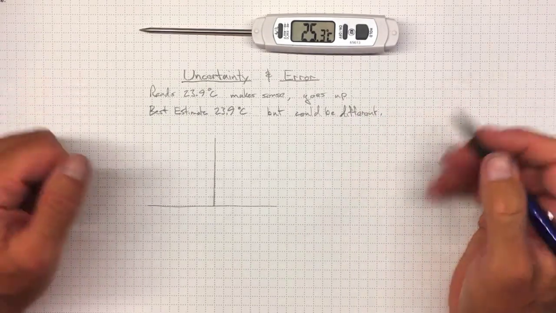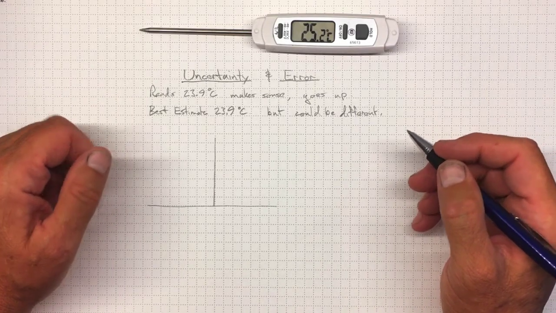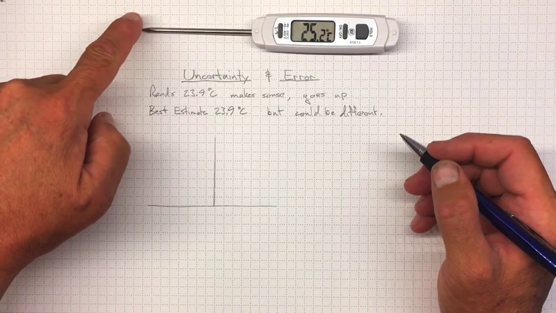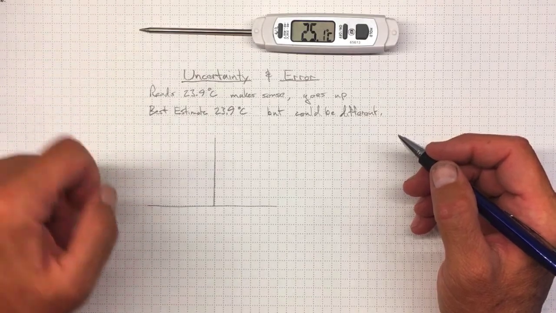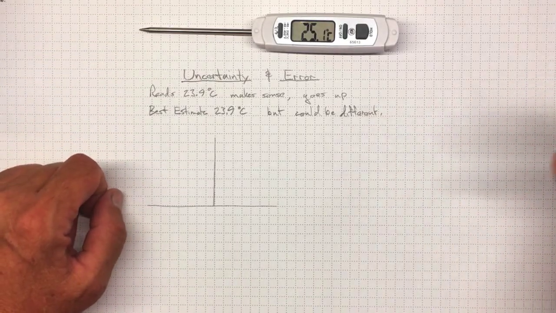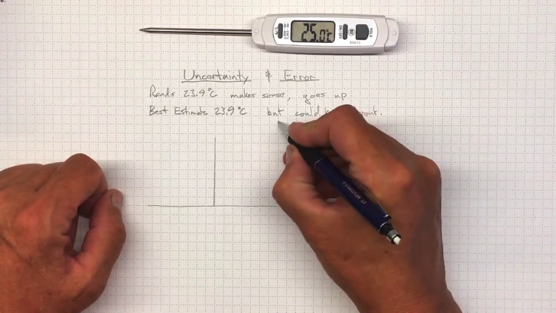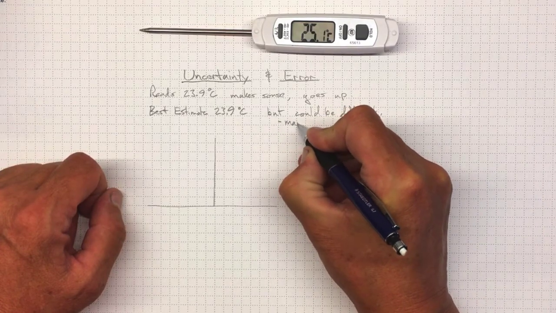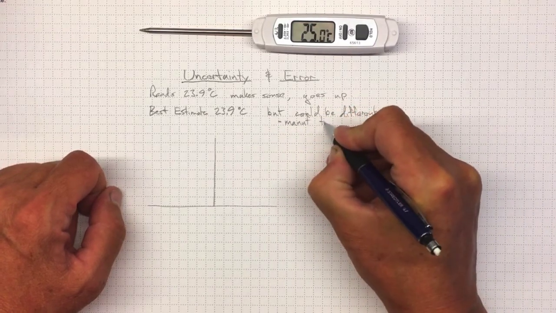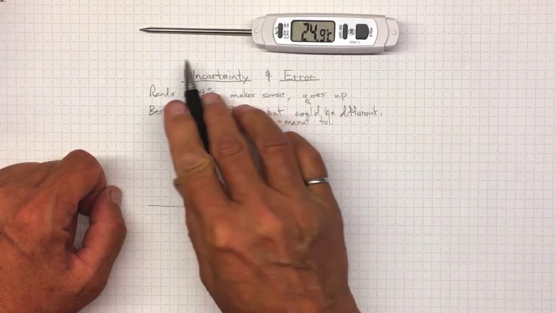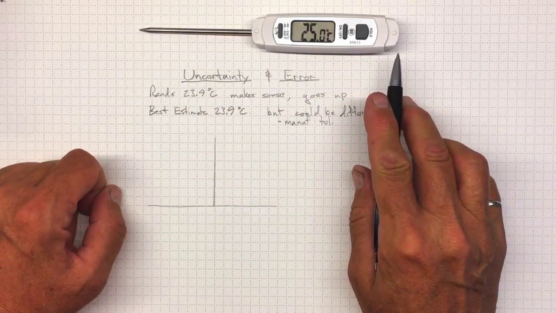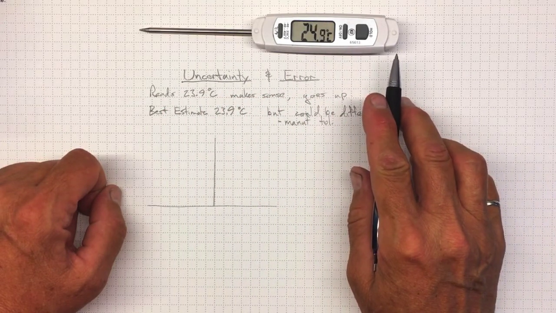And there are a bunch of reasons why this could happen. One is that I might have touched this before I made my measurement, and so it was reading too warm, and we'd have to wait a long time. Another would be typically manufacturing tolerances. If we make 100,000 of these, they won't all be exactly alike.